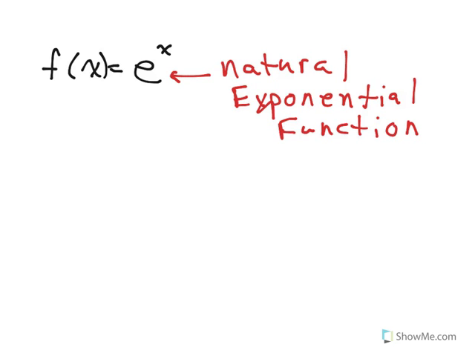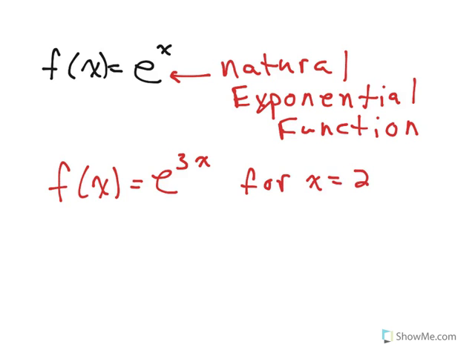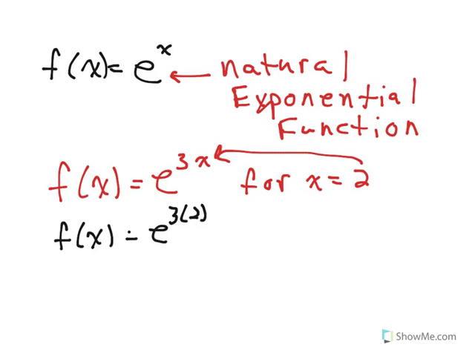So if we need to find the function of x equals e to the power of 3x for x equals 2, we replace the x with a 2, and that gives us f of x equals e to the power of 3 times 2, which equals e to the power of 6.